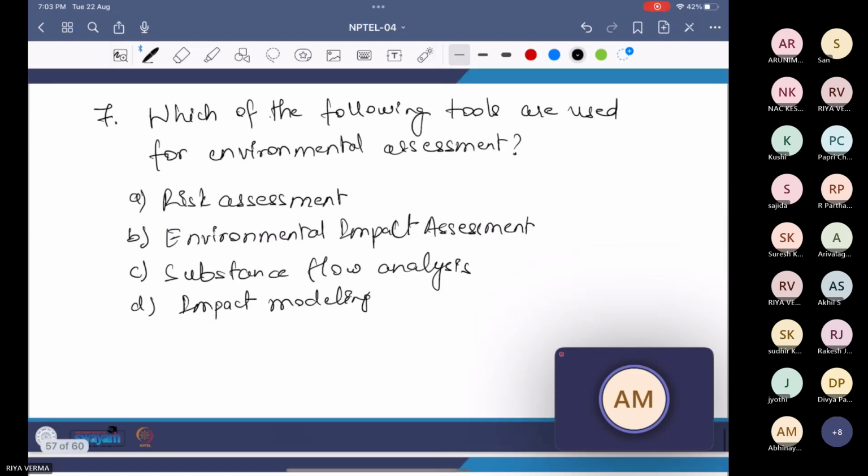So for the environmental assessment, what tool we generally use is risk assessment and substance flow analysis. A, B, C, ma'am. Yeah, correct. EIA also. Yes, EIA is also mandatory for the environmental assessment of certain projects. So all these three are there for environmental assessment.